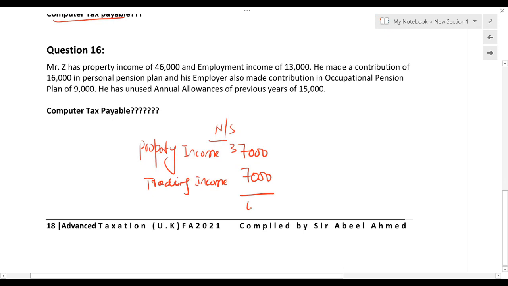It becomes 44,000. From this 44,000, you have to deduct personal allowance 12,570.